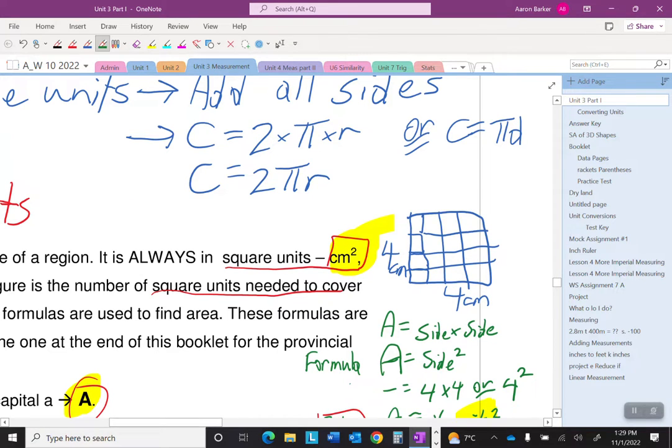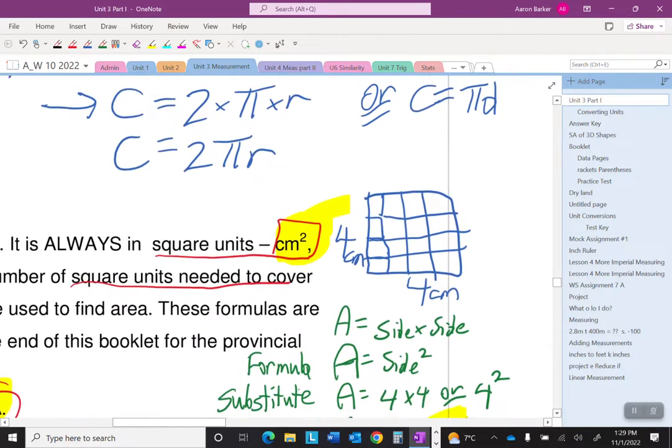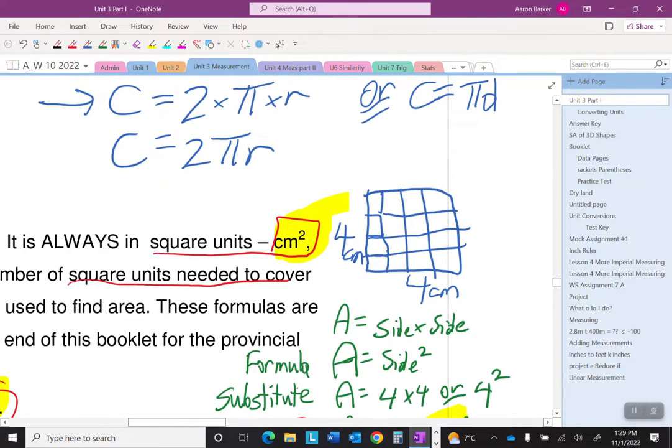This means substitute. S-U-B-S-T-I-T-U-T-E. Substitute. And we keep A the same, but A equals 4 times 4, or you can go 4 squared. Whichever one you like, you use. Okay. So you can substitute in 4 squared or 4 times 4, knowing that squared means a number times itself.